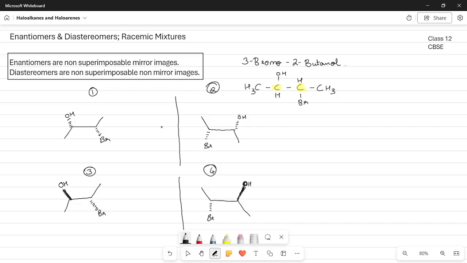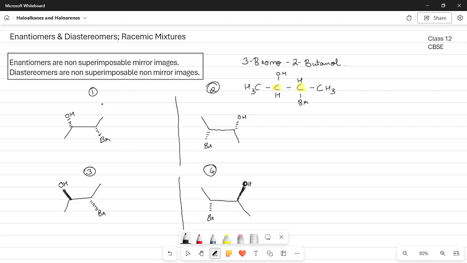So if you have a pair of enantiomers, they typically have the same physical properties, they have the same chemical properties, but the one important difference between two enantiomers is the fact that they rotate the plane of polarized light in the opposite directions. Again, we've established that you cannot figure out which direction they rotate the plane of polarized light.